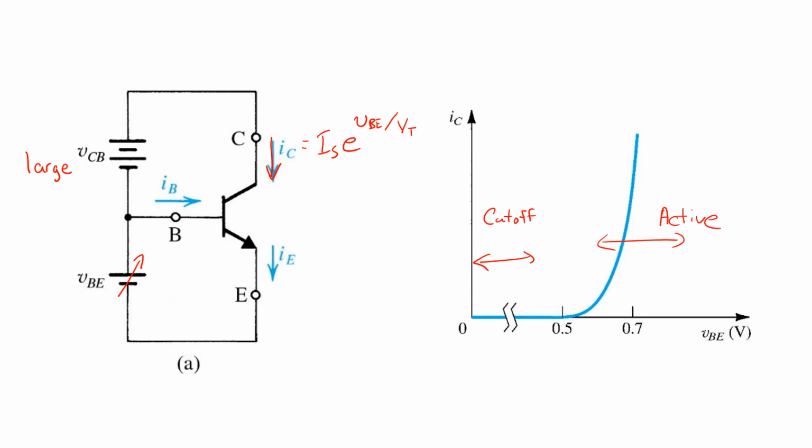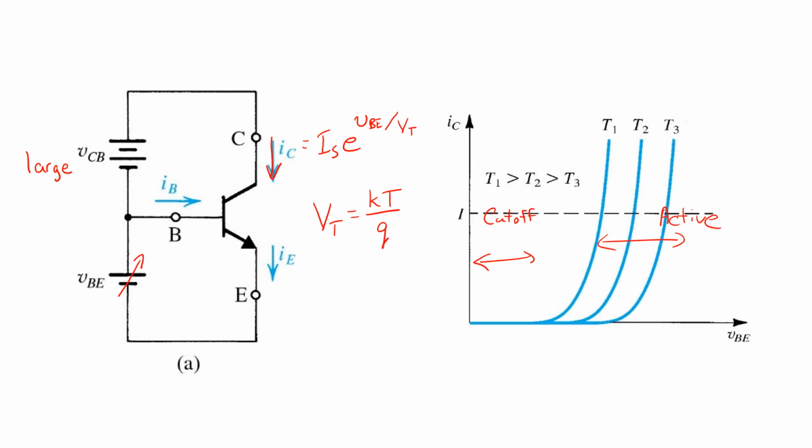Now a key point here is that VT is the thermal voltage proportional to absolute temperature. So therefore, when the temperature increases, VT will increase, and considering this expression here, current will decrease.